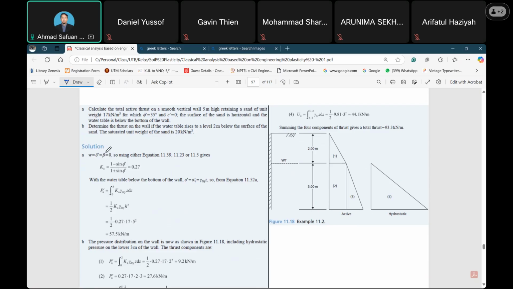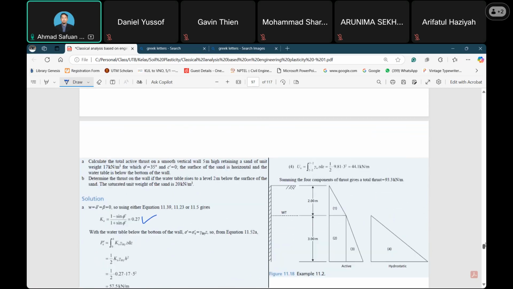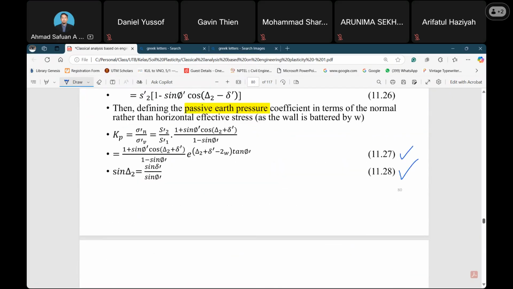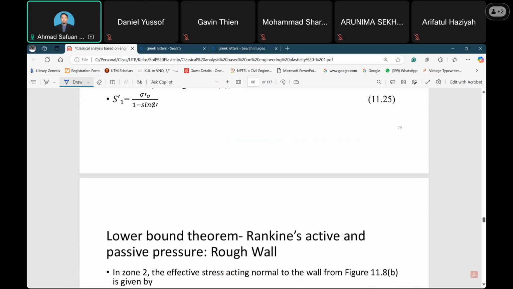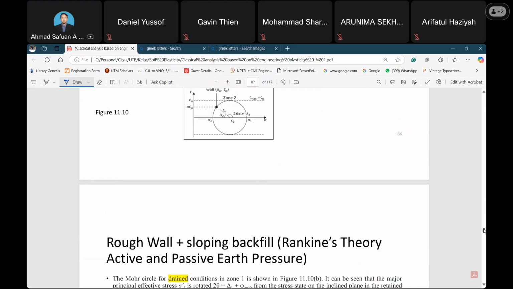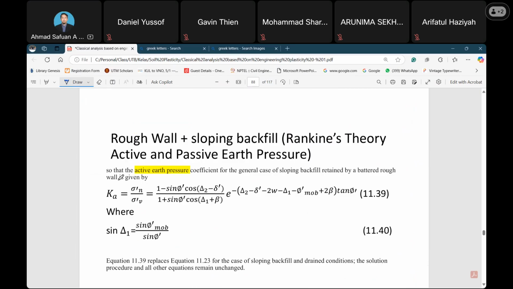So to solve the problem, we may use the simple one. If you want to try the complicated equation, use this one for the backfill.